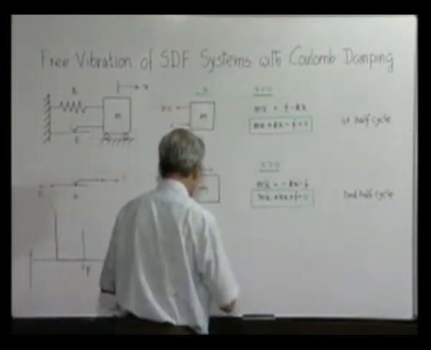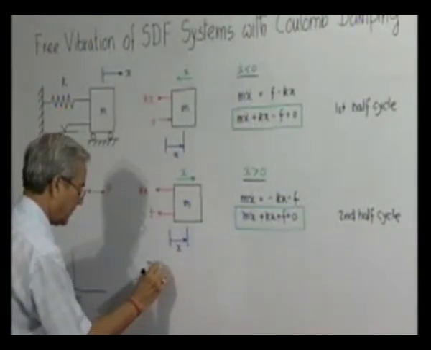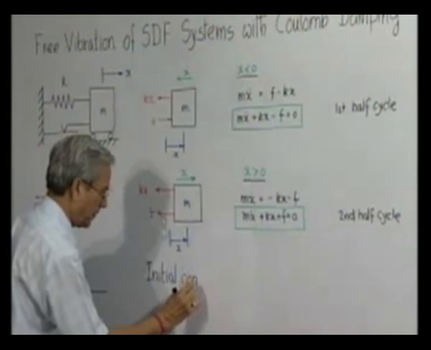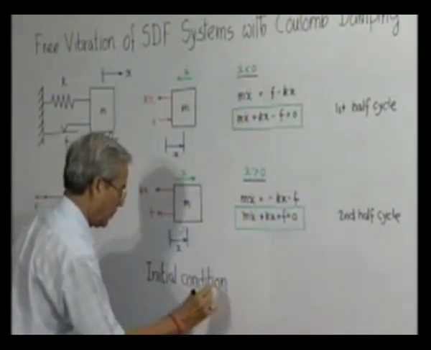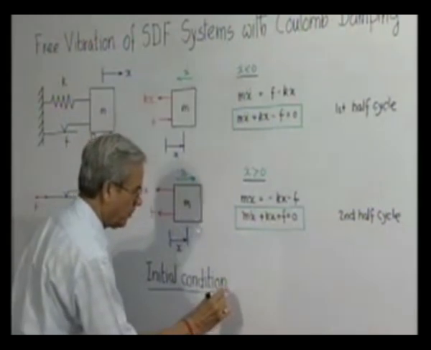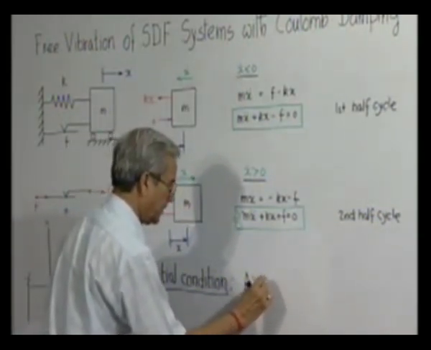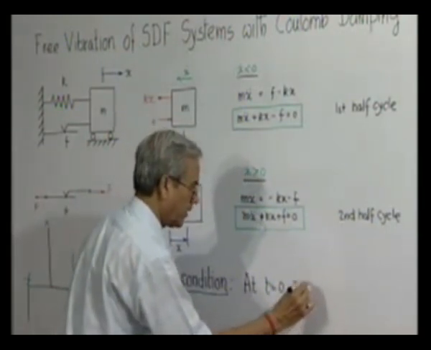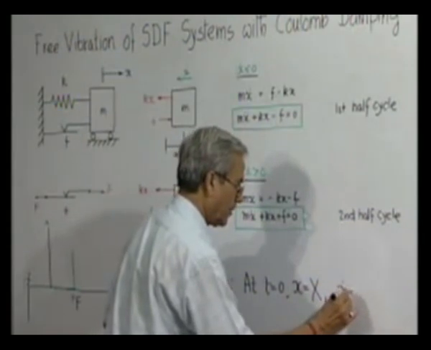So, the initial condition to start the motion is at t equal to 0, x equal to x1 and x dot equal to 0.